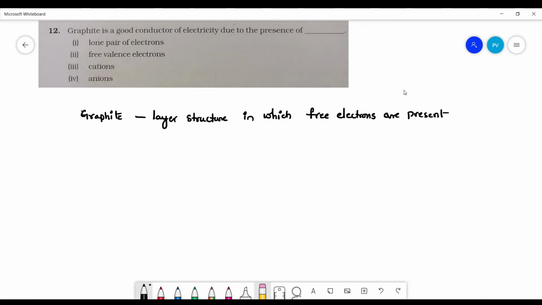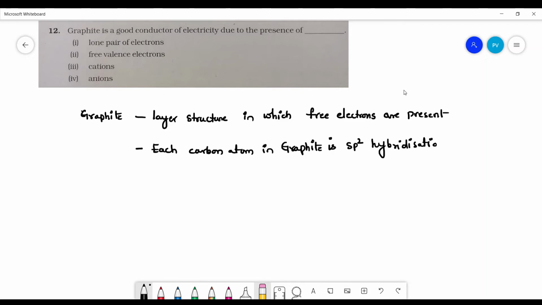And here each carbon atom in graphite is sp2 hybridized.